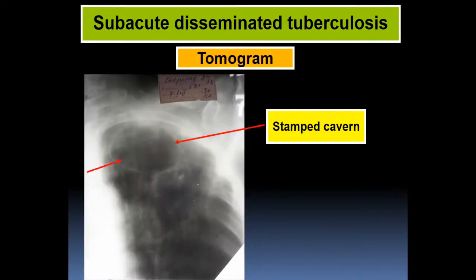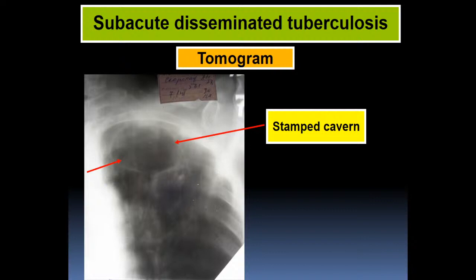For confirmation of destruction in the lungs, for confirmation of cavities, we use tomography, simple linear tomography, or CT scan. And on this tomogram, you can see an empty cavern without contents, with a very thin wall.